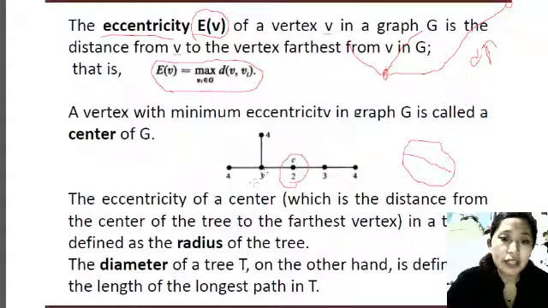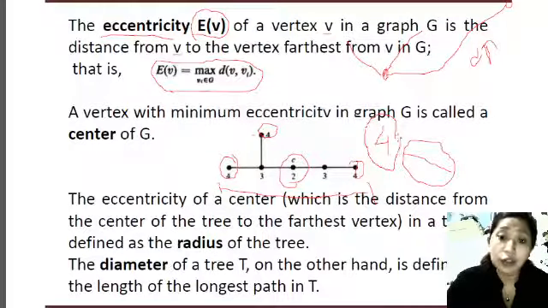Here we have already calculated the eccentricity of all the vertices, and the maximum eccentricity value is 4, which we are getting from 3 of the vertices. So this value 4 is considered the maximum distance from one end of this graph to the other end. So the diameter of this graph is 4, and the vertices which contribute to this diameter value 4 are called the perimeter of the graph.